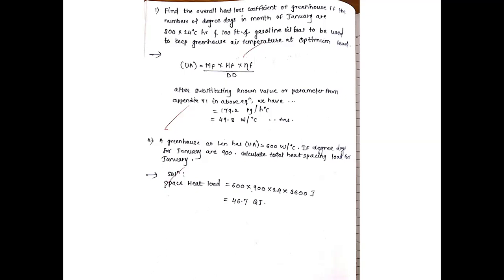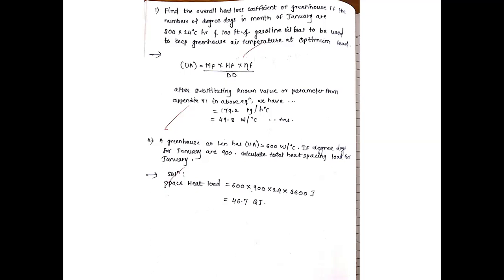After substituting known values or parameters from appendix 4 or 6 in the above equation, we have 179.2 kg per degree Celsius hour, which is equal to 49.8 W per degree Celsius. So, substituting all the values, we get the answer as 49.8 watt per degree Celsius.